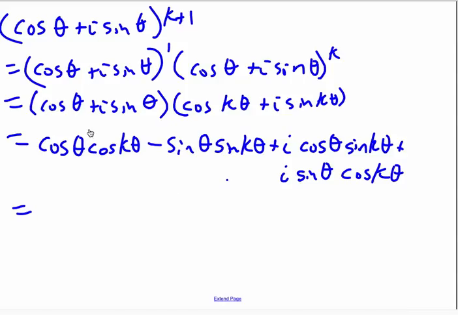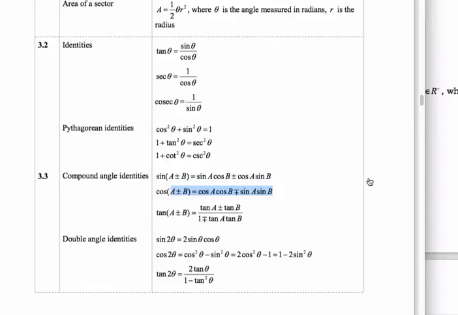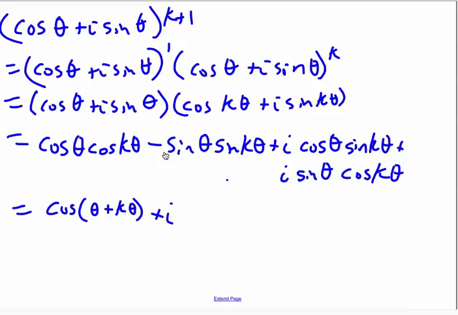It's going to be cos(θ + kθ). And plus i, we factor out the i, and then we have cos sin plus sin cos. That looks like this one, and it's addition, so we add those arguments together. This is going to be sin(θ + kθ).